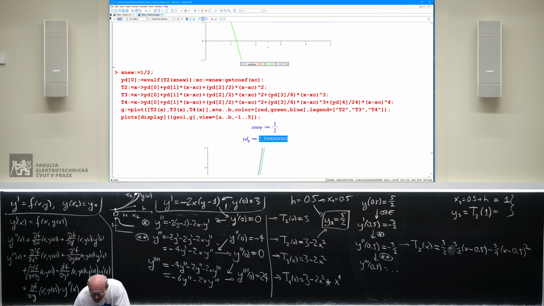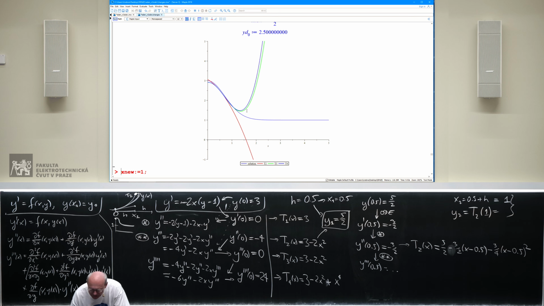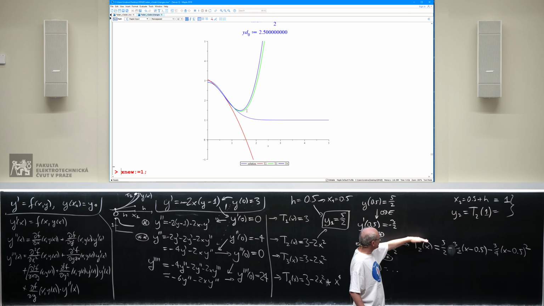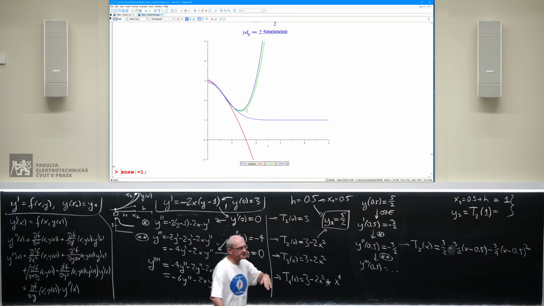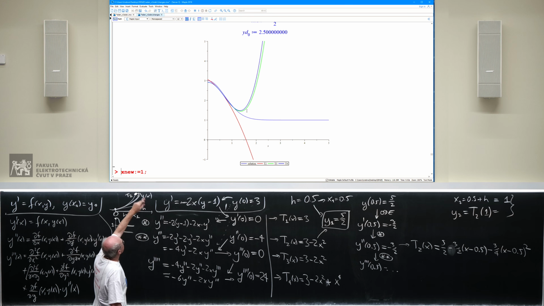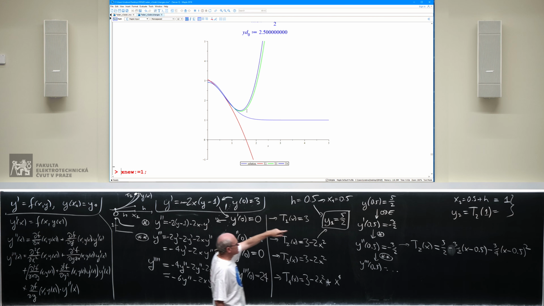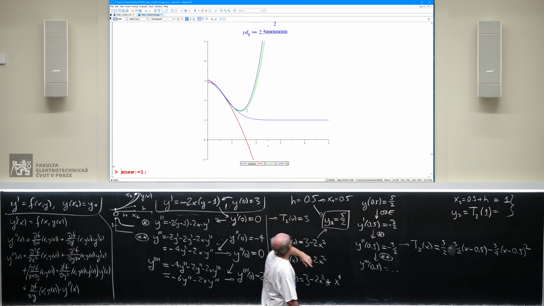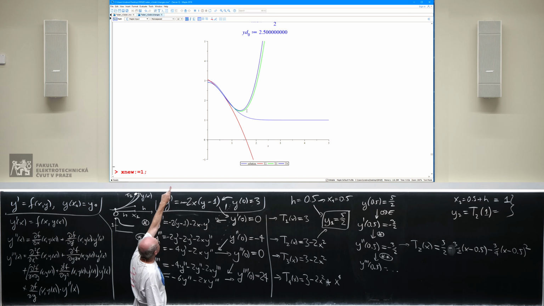Okay, things agree. So what we see here is the 3 polynomials which I would generate, t1, t2, t3, t4. Actually, t1 we don't see, because that's the Euler method. Boring. t2, that's the one that we want here. It's the polynomial in red, t3 green, and t4 light blue.